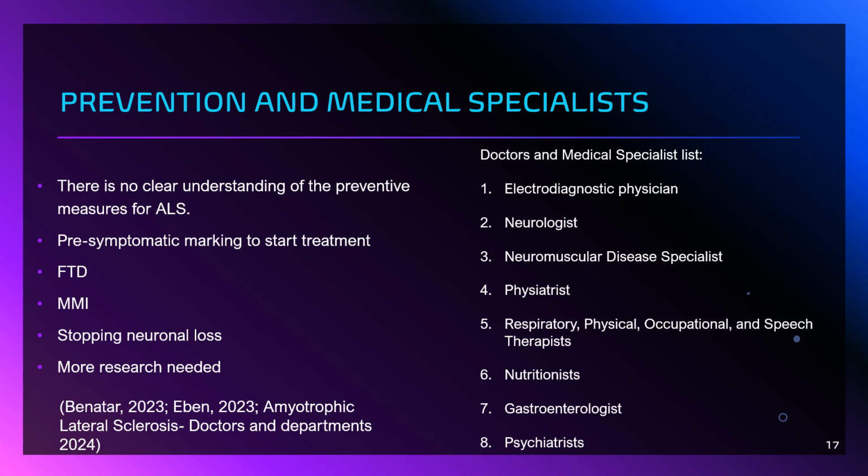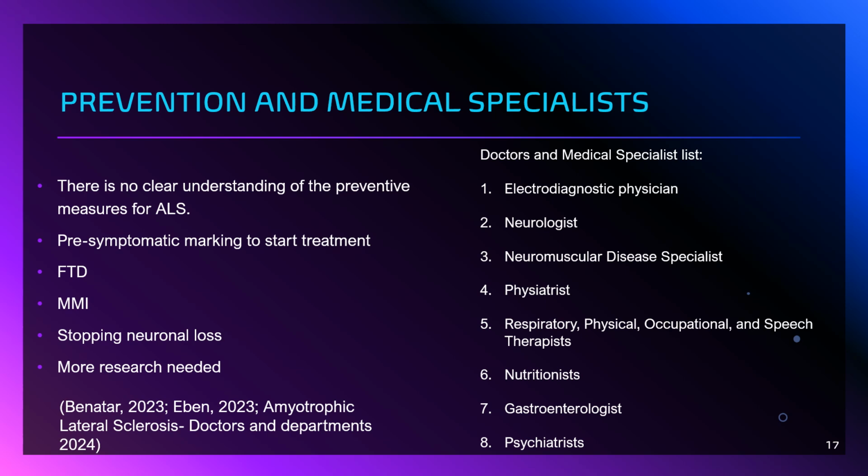And then you'll see physiatrists, physical therapists, occupational therapists, speech therapists, nutritionists, gastroenterologists, psychiatrists, psychologists, and the list can go on. That's just because the symptoms vary so widely and the treatment plans vary so widely.